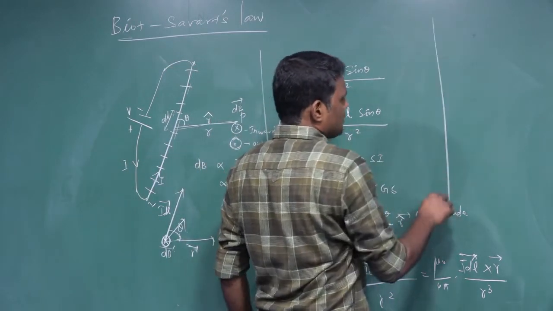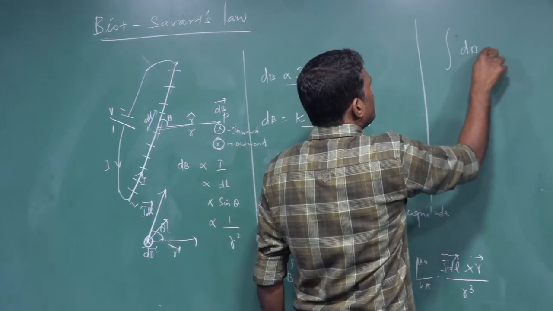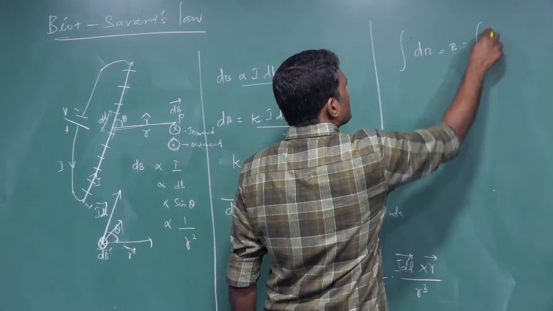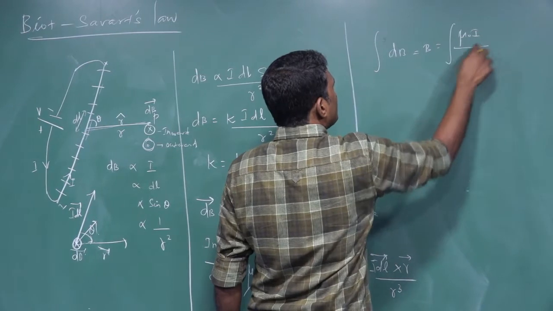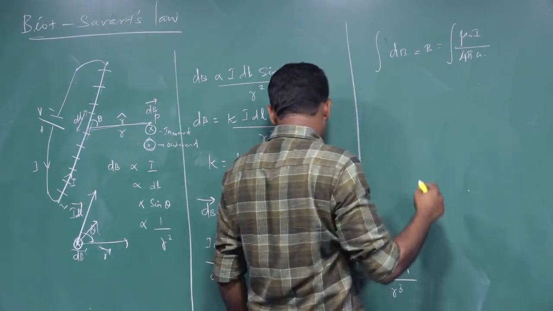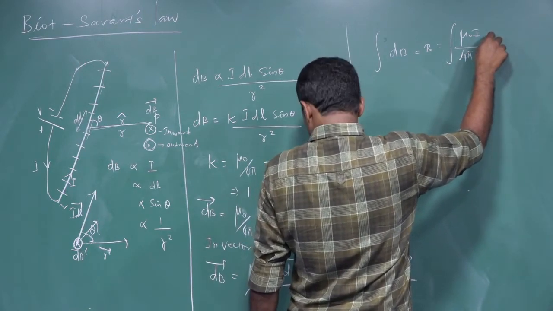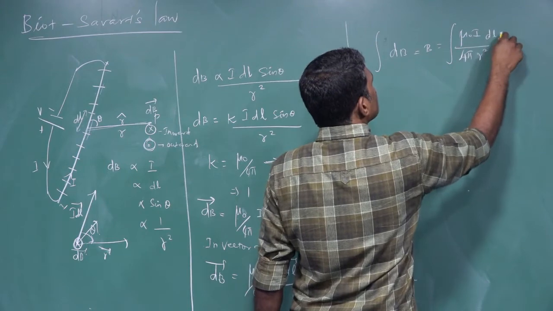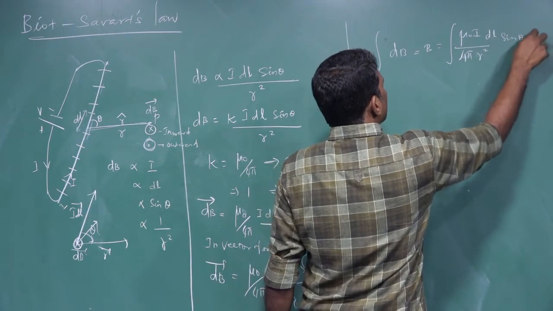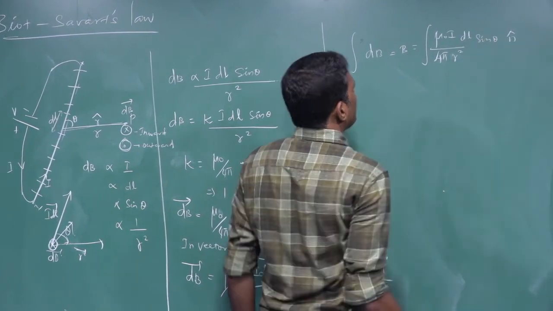Here I am just giving a general expression that the integral of dB is simply B. This is equal to the integral of mu naught I divided by 4 pi r square, I into dl sin theta into n cap.